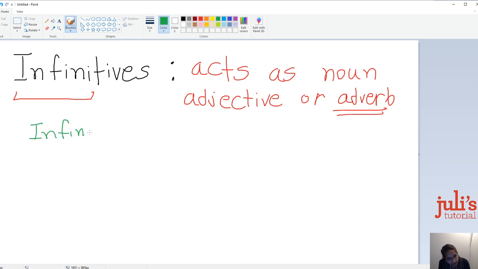In an infinitive, we usually specify which one it is. Is it a noun one, an adjective one, or an adverb one? So we're going to do the noun one. That means this one is acting as a noun. Ben likes to ski.